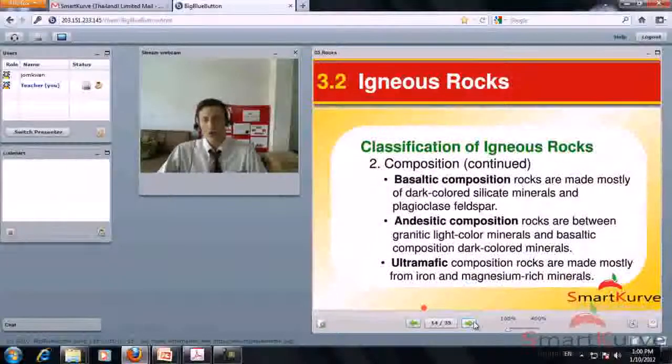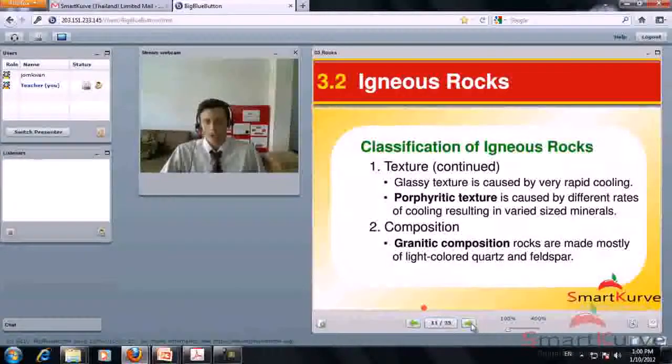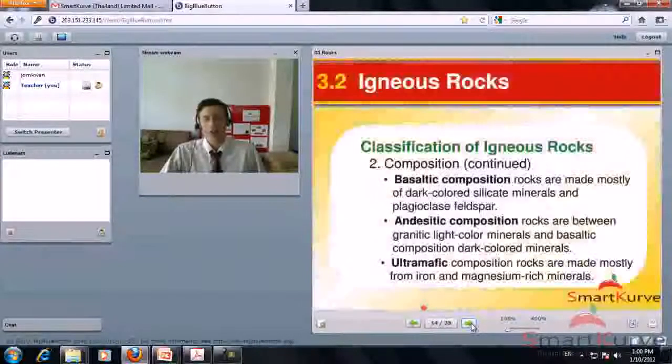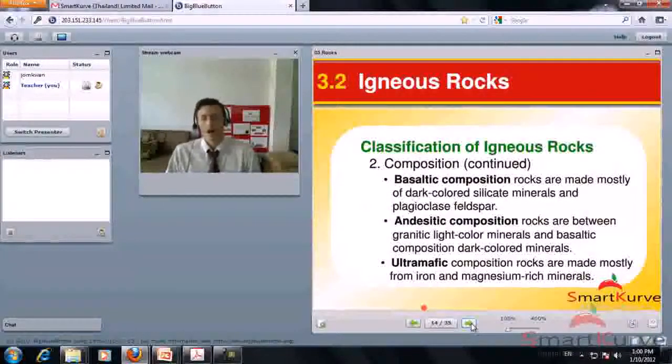Let's move on to slide 14. We're going to continue talking about the composition of igneous rocks. So we've got our granitic composition with our silicates. The next type is basaltic composition. These are very dark colored.